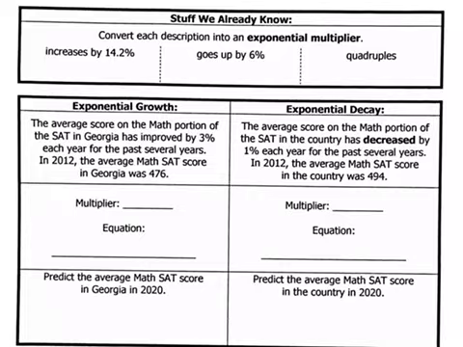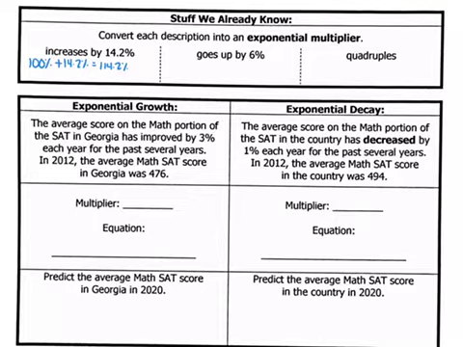For the first one, if something is increasing by 14.2% and we're looking for the multiplier, remember that means we're going to take 100% of whatever it is that this is talking about, and we're going to add to that the 14.2% increase. And that's going to give us a total of 114.2%.